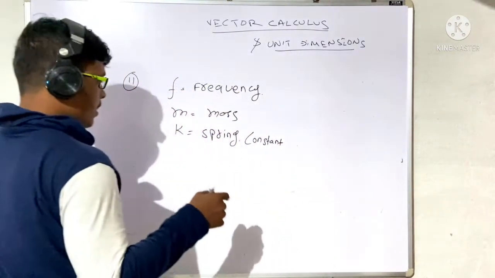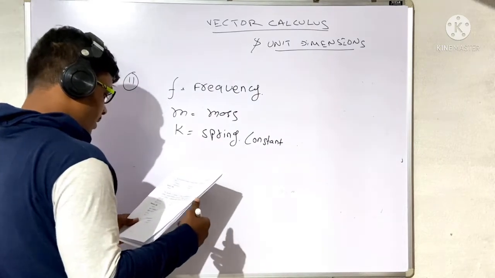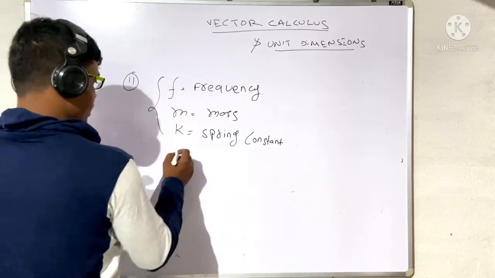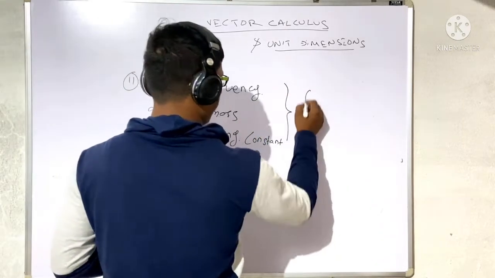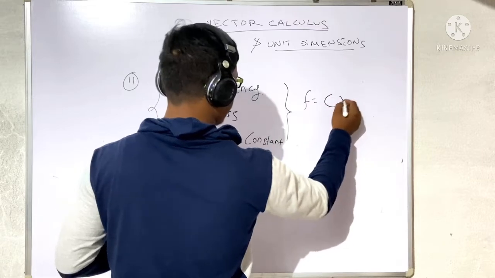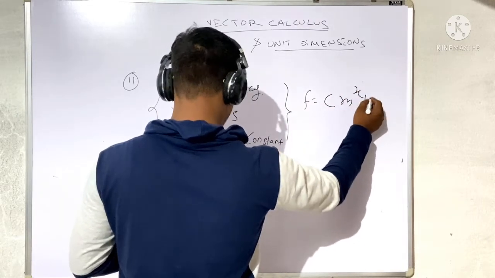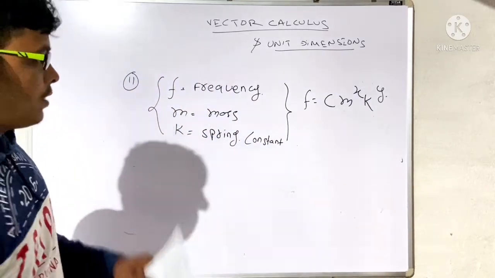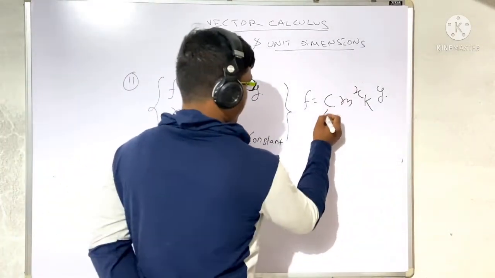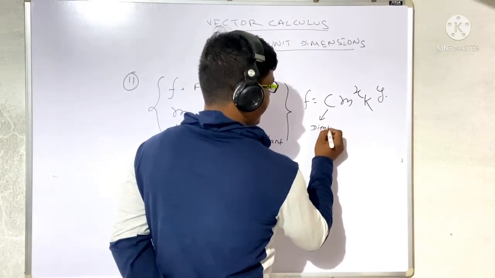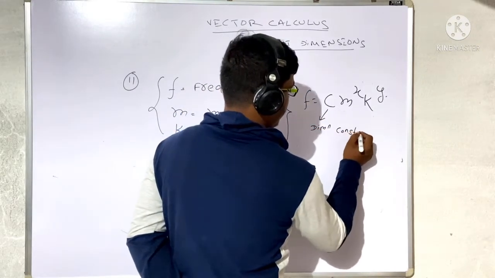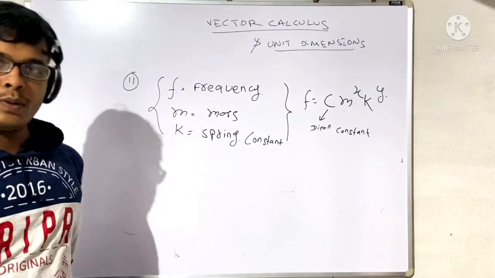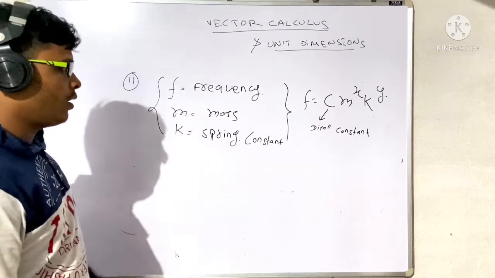Then he was asking, what is the relation between these three? F equal to C m to the power x K to the power y. C is a dimensionless constant, so forget about C. F equals m to the power x into k to the power y.